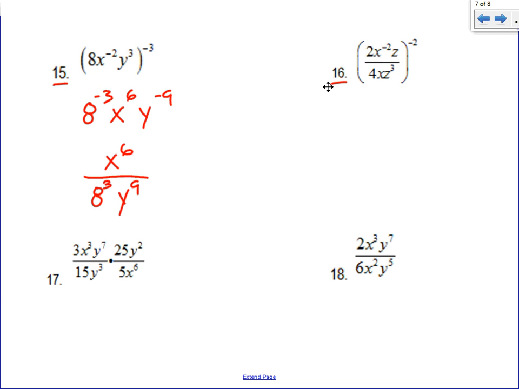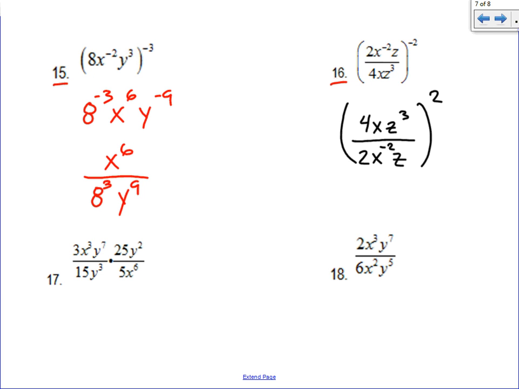All right. Now, problem 16, I see a fraction raised to a negative exponent. Anytime I raise a fraction to a negative exponent, I can take that fraction's reciprocal and raise it to the positive version of that exponent.